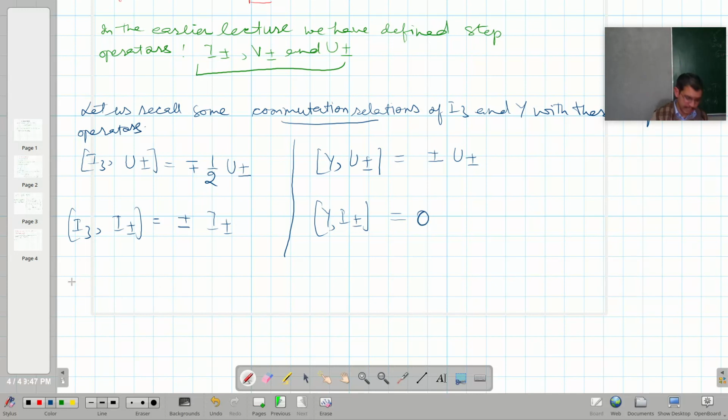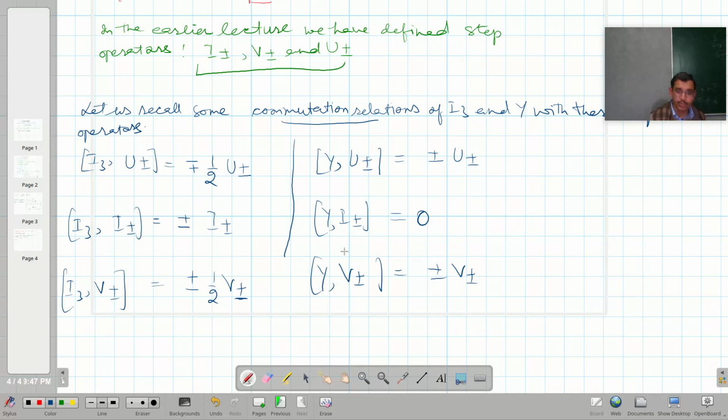And similarly another one is I3 comma V plus minus, it is equal to plus minus 1 by 2 V plus minus, and with the hypercharge, it is V plus minus, it means the hypercharge and the V plus minus, its commutator relation is equal to plus minus V plus minus.